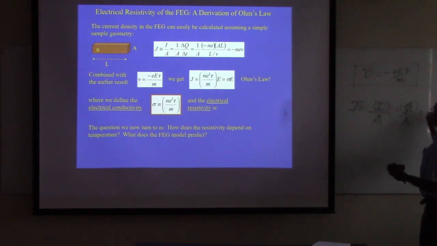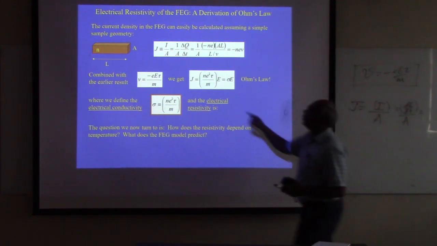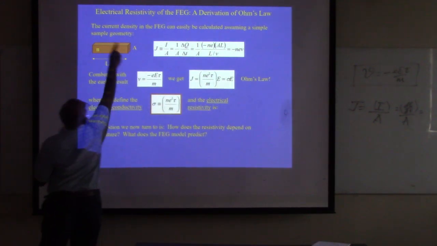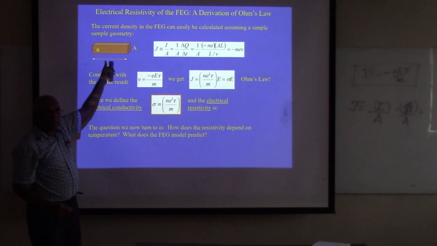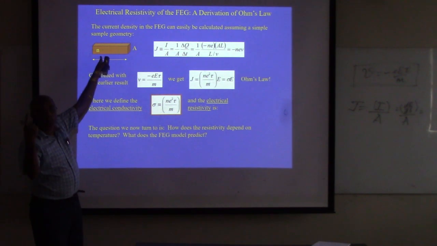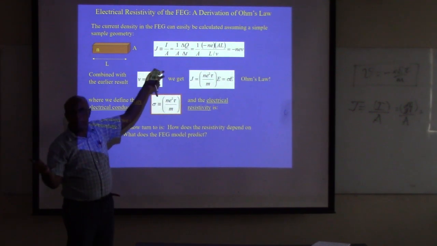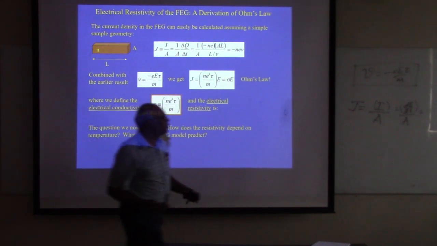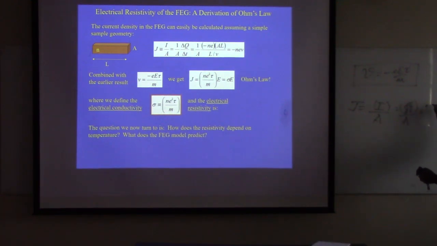What is Q now? You can easily find Q. We know how much charge is in this volume. What is the charge? So N times volume. Volume means L times A, right? So times charge, that means your Q will be basically E times N times A times L, right?